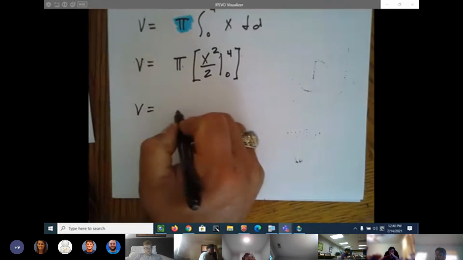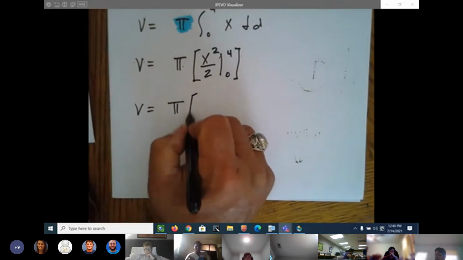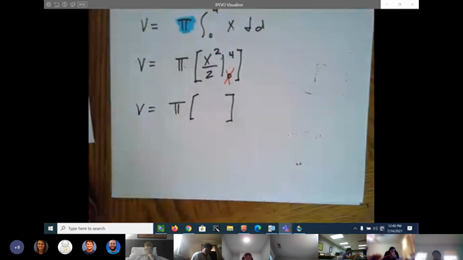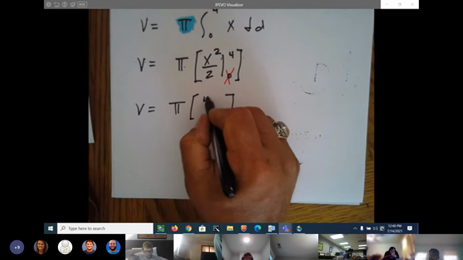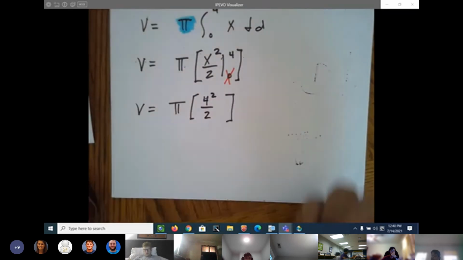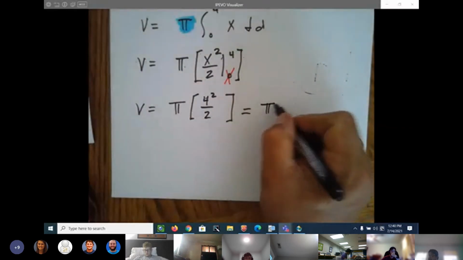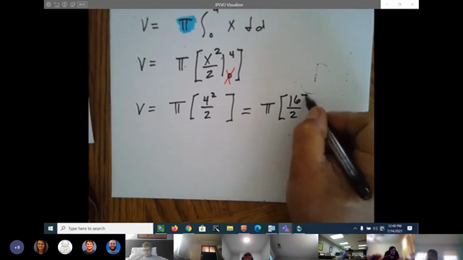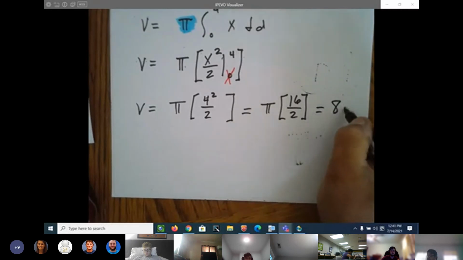V is equal to pi. What happens to the 0? Zero over 2 is 0, so it cancels out. And that leaves 4 squared over 2, which is pi times 16 over 2, which is 8 pi.